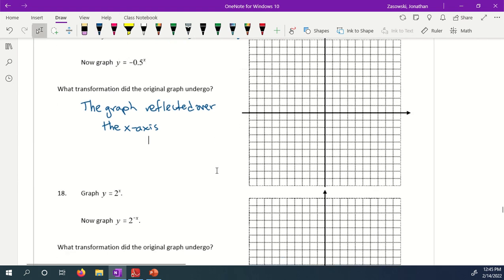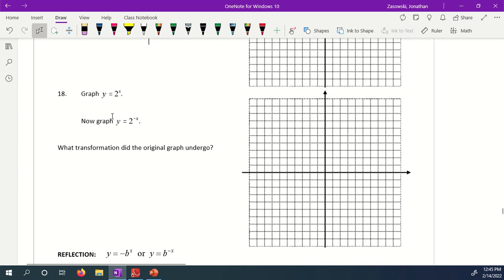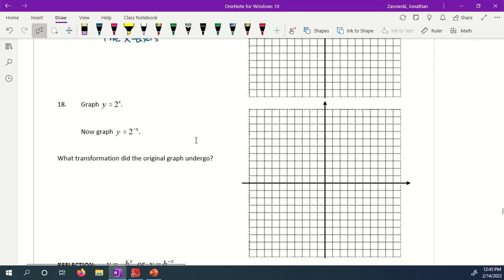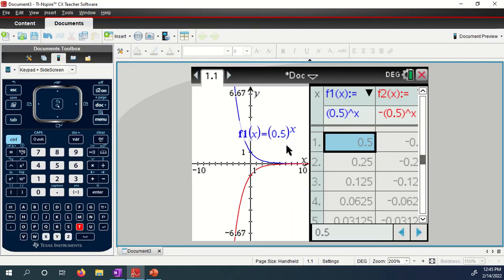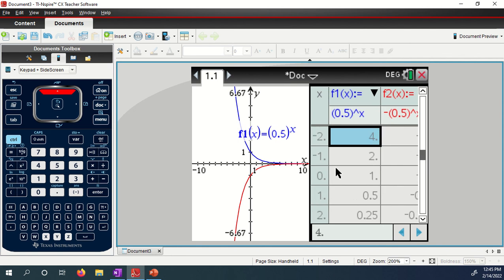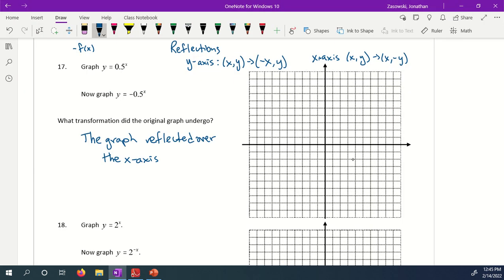Okay, on number 18, all right, we could take a look here. Actually, no, let's go back and graph. We'll go ahead and graph these. So let's pick up our table. So we have 0.5, 0.25. All right, we'll start negative 2, 4. So negative 2, 1, 2, 3, 4.